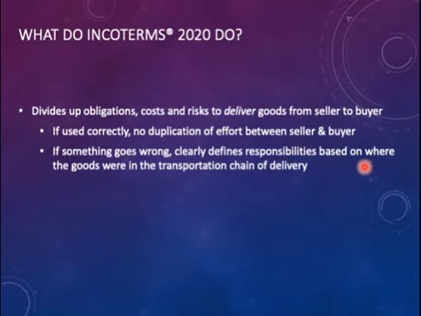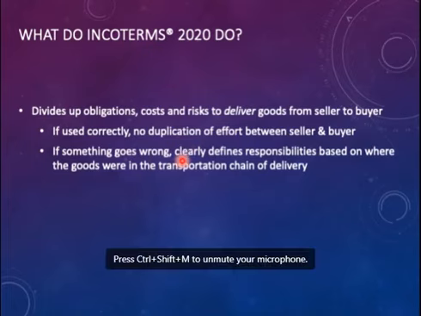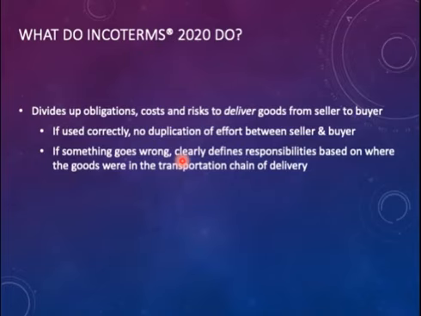It means that the obligation of the seller will exempt the buyer, and the obligation of the buyer will exempt the seller. If something goes wrong, it clearly defines the responsibility based on where the goods were in the transportation chain of delivery.